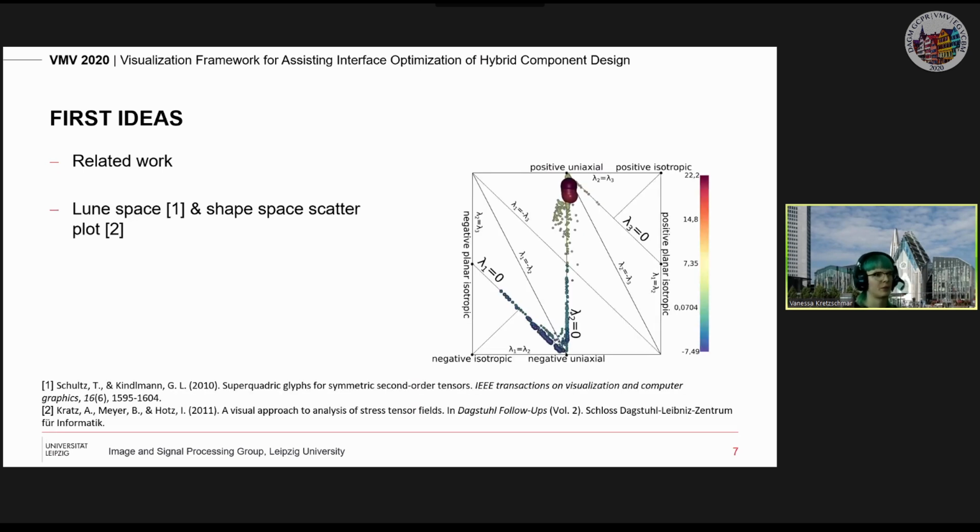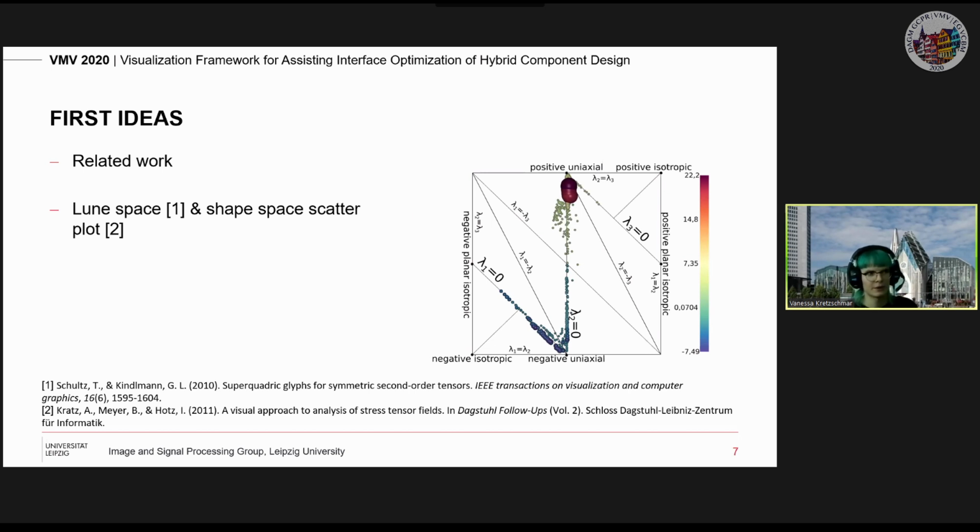We further tested a method that was considered an intermediate step for the calculation of superquadric tensor glyphs for stress tensors by Schultz and Gillmann. And this step is shown here by the picture. It's visually the projection of the normalized eigenvalue space projected onto a square. A similar approach was proposed by Kretzschmar et al., where they showed a shape-space scatter plot to quantify the stresses into compressive, tensile, and shear stresses.